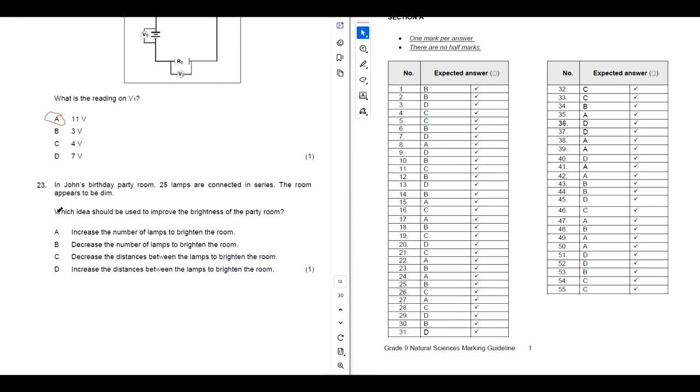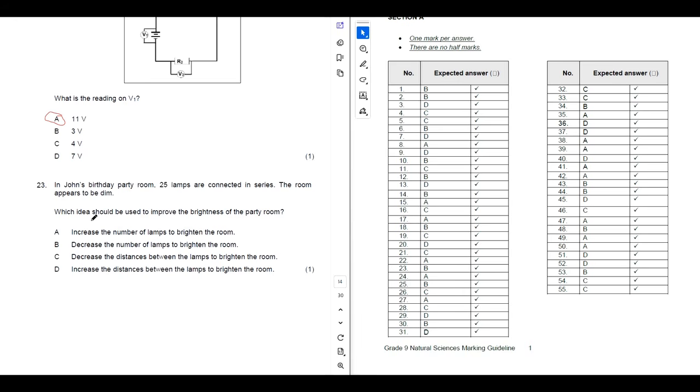And then next we will move to question 23. Question 23 says that in John's birthday party room, 25 lamps are connected in series. We are told that the room appears to be dim. Our question says: which idea should be used to improve the brightness of the party room?